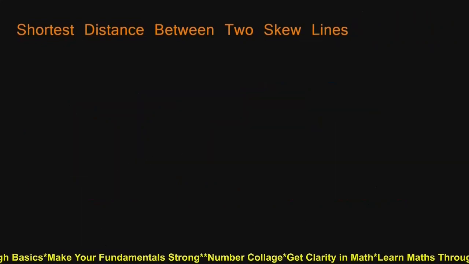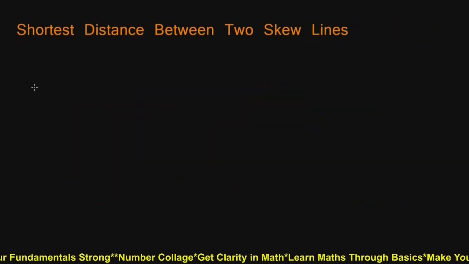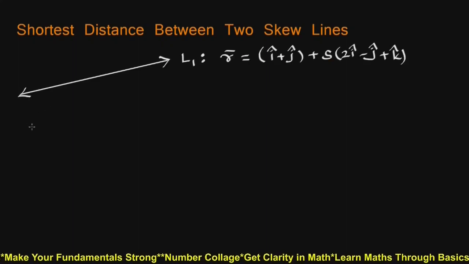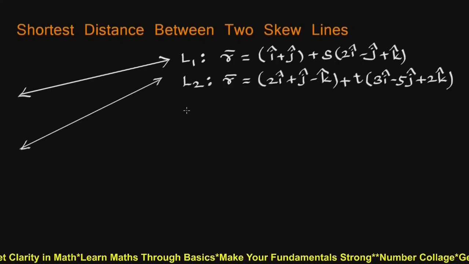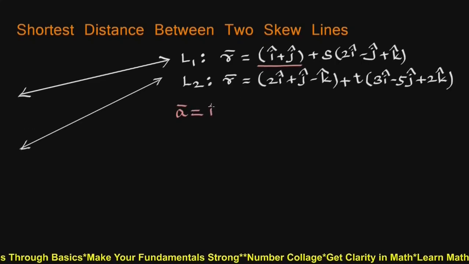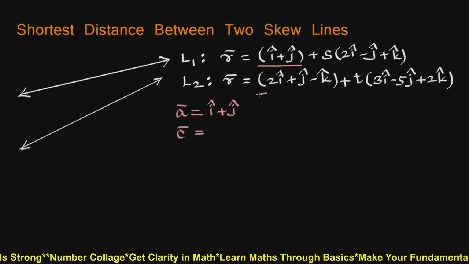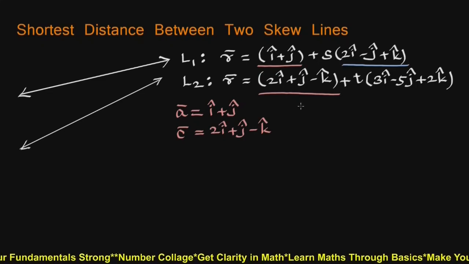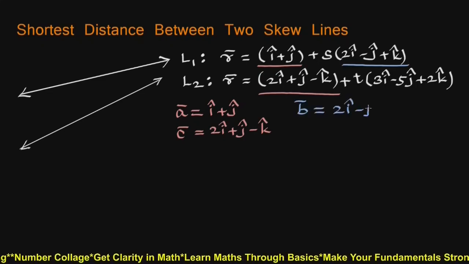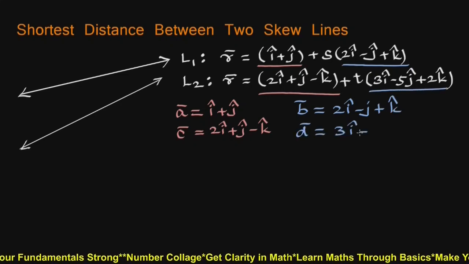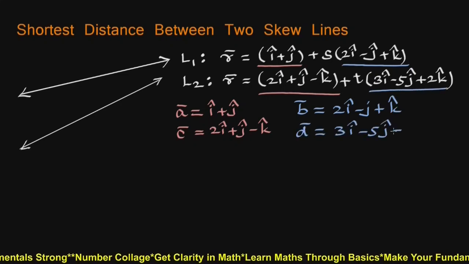We have to find the shortest distance between two skew lines, line L1 and line L2. We have A bar equals I cap plus J cap, C bar equals 2 I cap plus J cap minus K cap, B bar equals 2 I cap minus J cap plus K cap, and D bar equals 3 I cap minus 5 J cap plus 2 K cap.